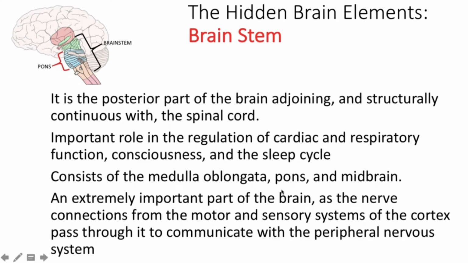And even if it is very primitive, this is indeed a very important part of the brain, as all the nerve connections from the motor and sensory systems of the cortex from the top also pass through it to communicate with the peripheral nervous system.